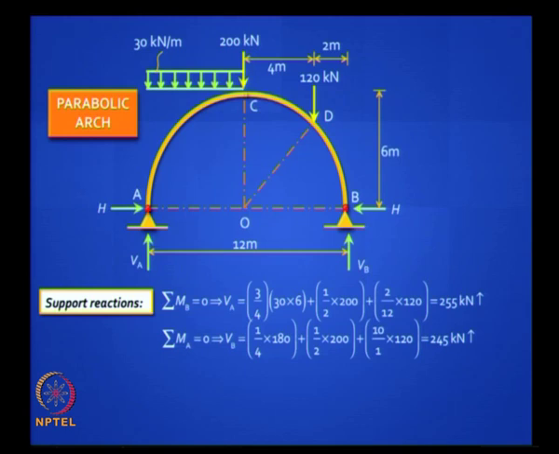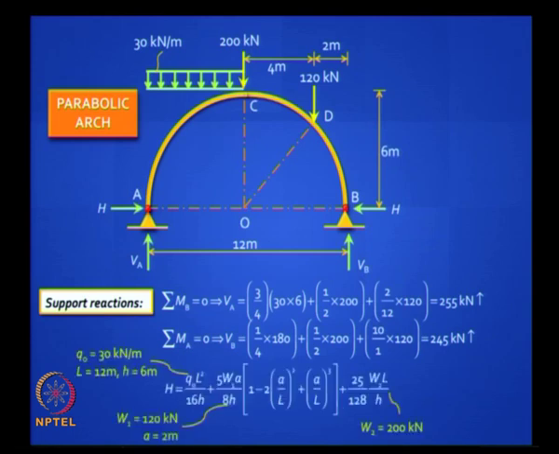Take the concentrated load at the crown, 200 kilonewton, half, 100, and take that 120. 2 by 12 will go to the left support, and 10 by 12 of that will go to the right. All simple stuff, you can find it. You can take moment equilibrium and solve it.